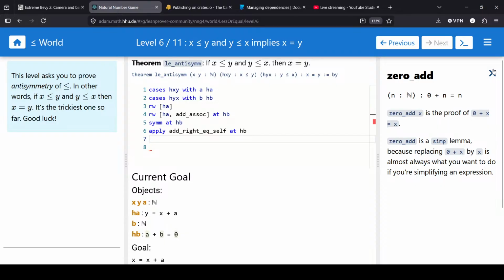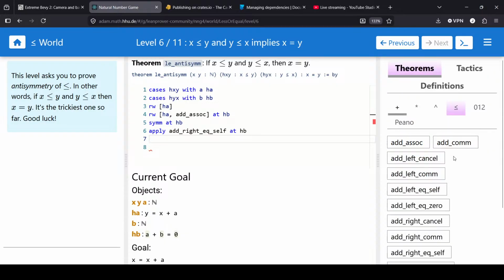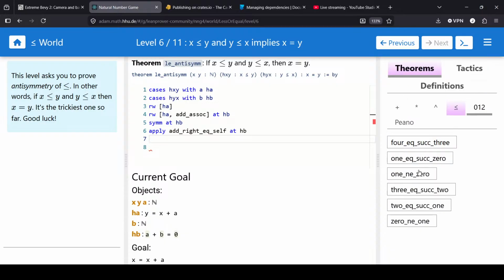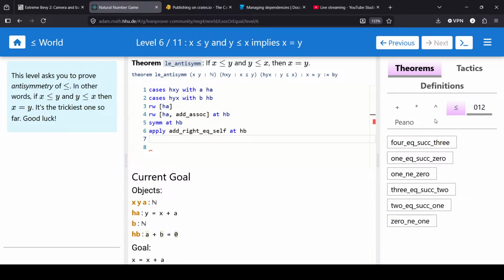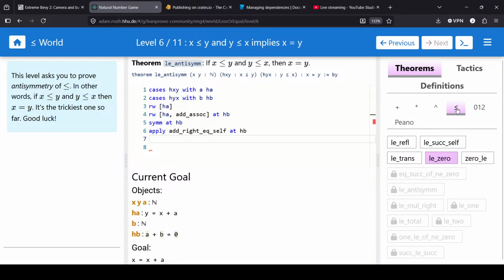No, wait, no. 0 out is a simp lemma because replacing 0 plus x by x is almost always what you want to do when you're simplifying an expression. Have we never seen anything like this before, though?